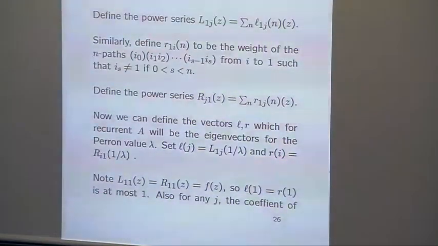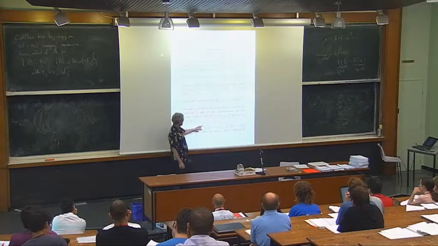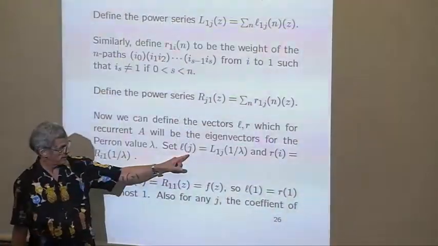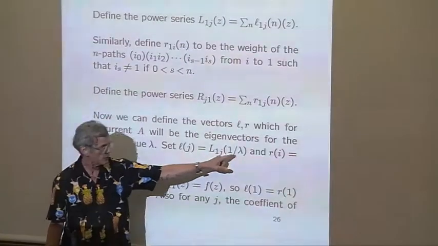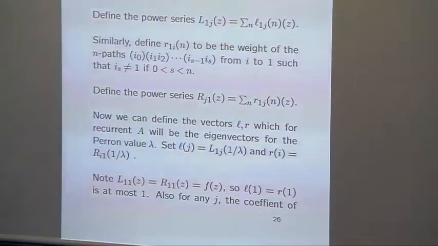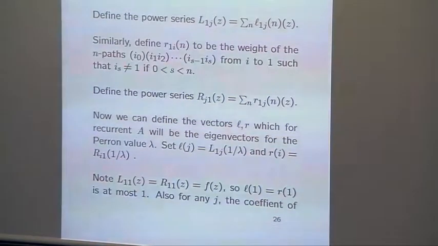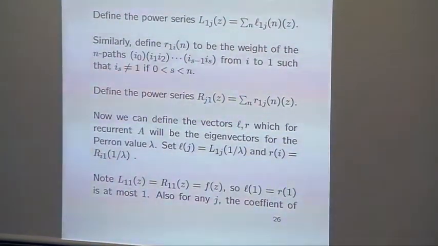Well, we just take the row vector whose jth entry is big L1j evaluated at 1 over lambda, and likewise for R, we evaluate Rj1 at 1 over lambda. You can see this is getting a little bit complicated, but you have some nice well-defined power series.